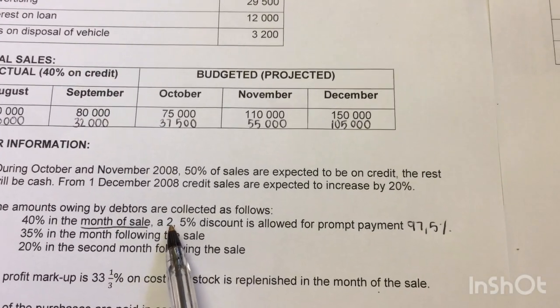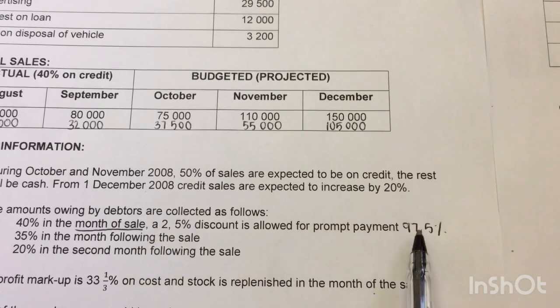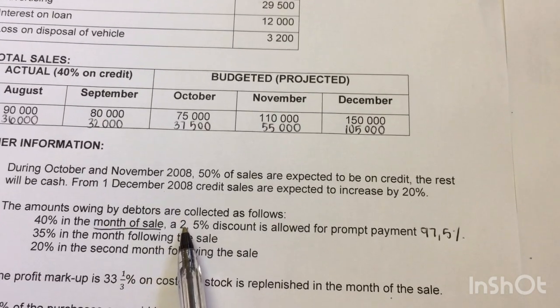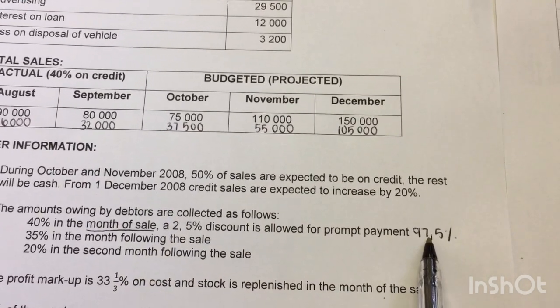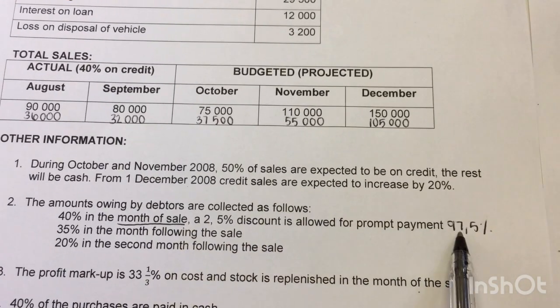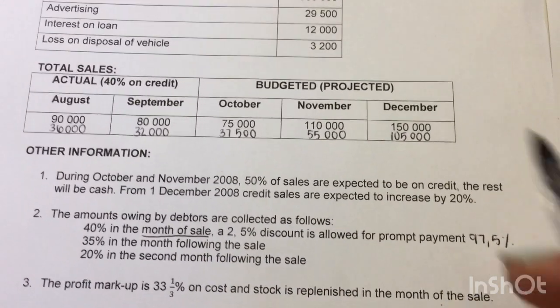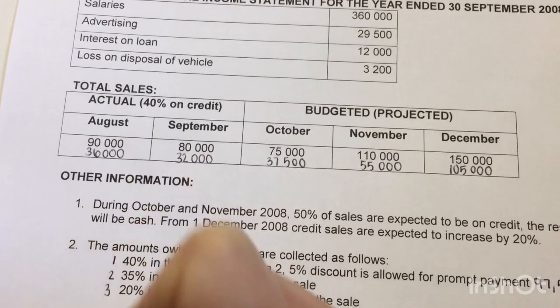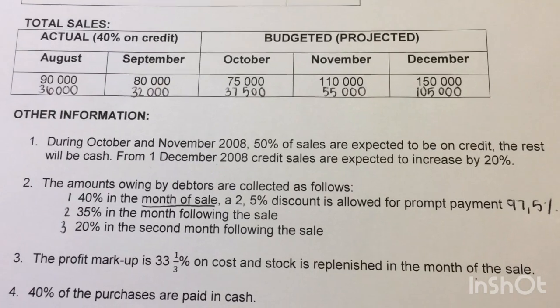If it was a 4% discount, I will multiply with 96. If it was a 5% discount, I'll multiply with 95. If it was a 2% discount, I multiply with 98. And then also I just number them 1, 2, and 3.